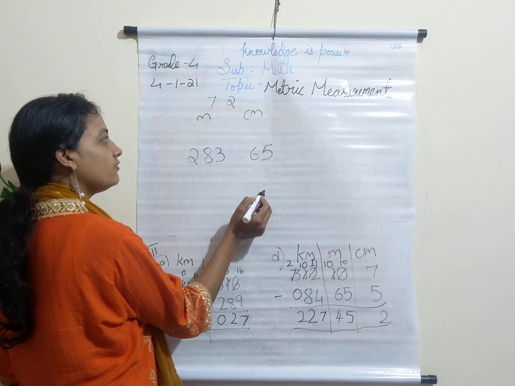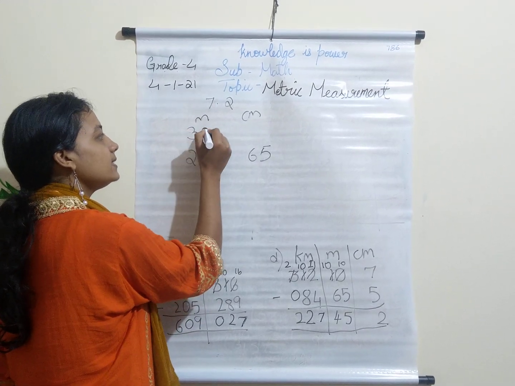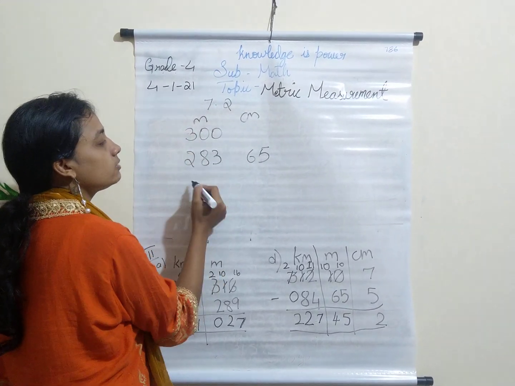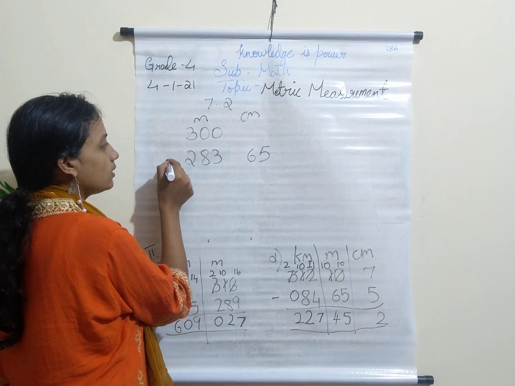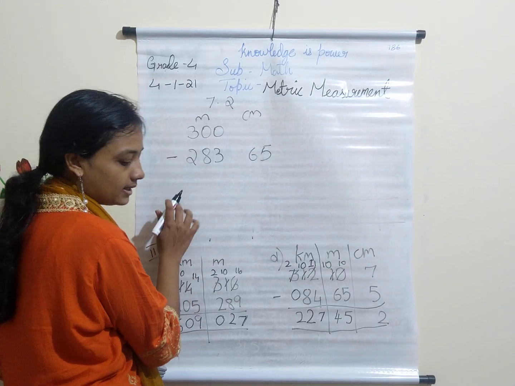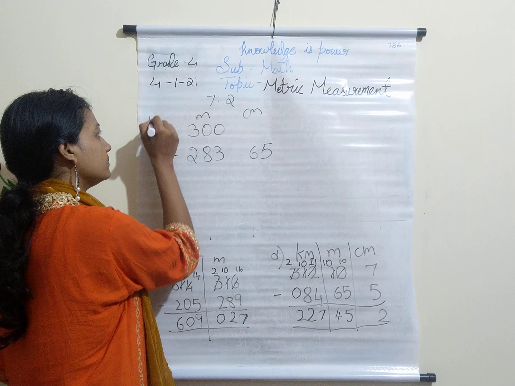So they have given from. So from number, bigger number should be on the top and smaller number should be on the bottom because it is subtraction. And this sum is B.